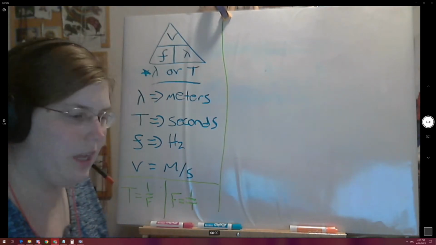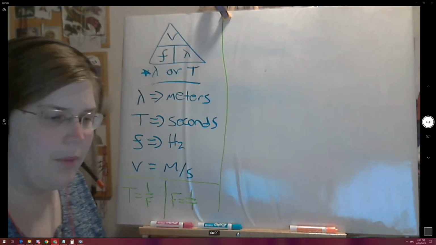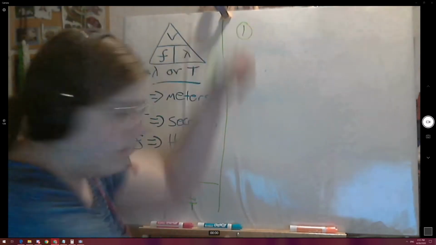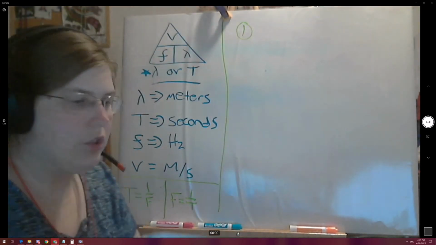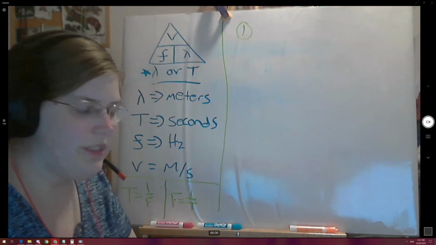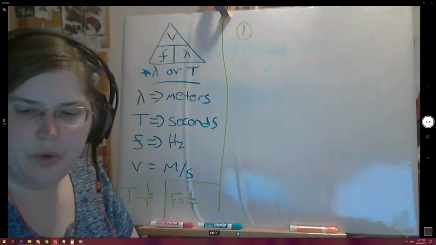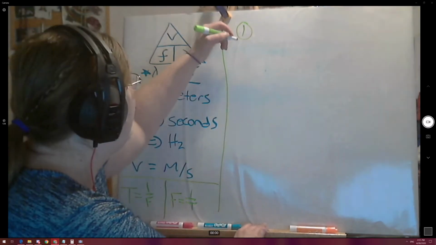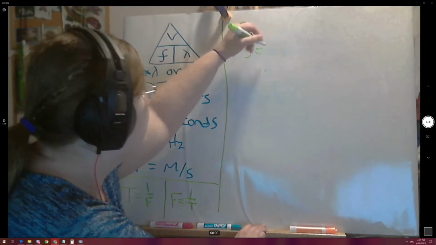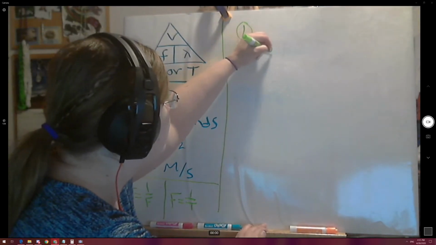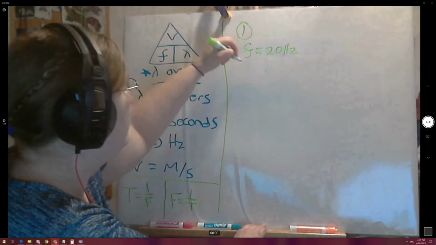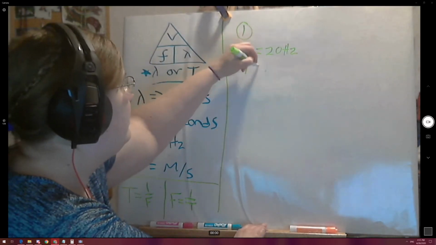If we look at our first problem, number 1, it says a string vibrates at a frequency of 20 hertz. What is its period? So we have our frequency given to us, which is 20 hertz, and we're looking for our period.